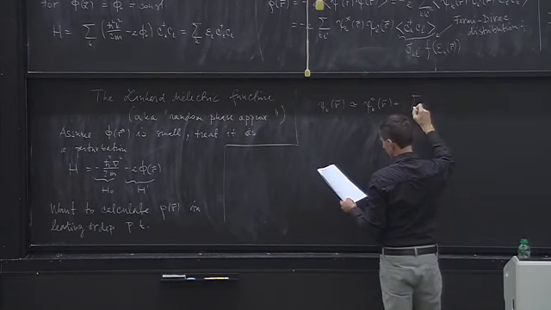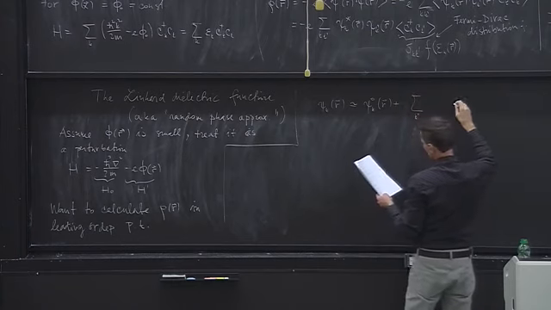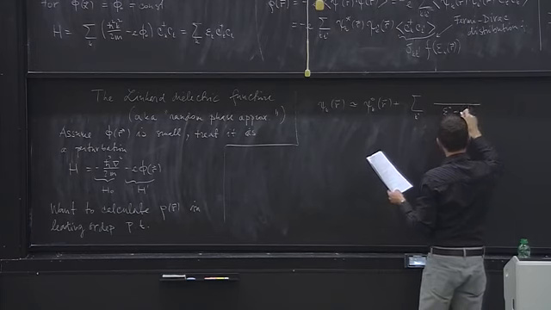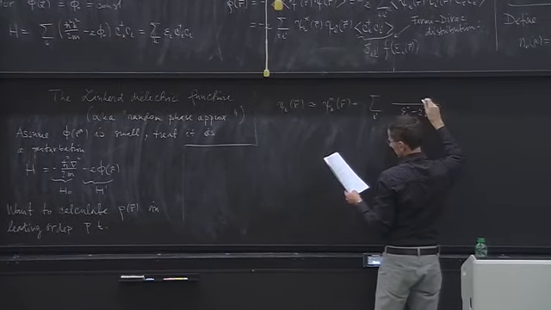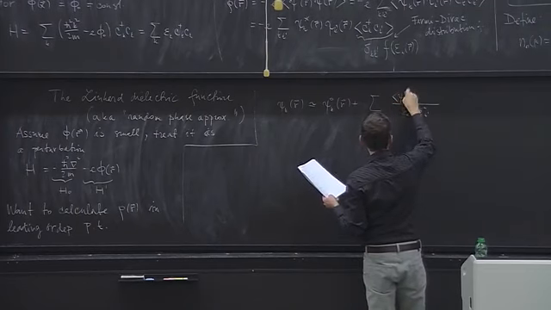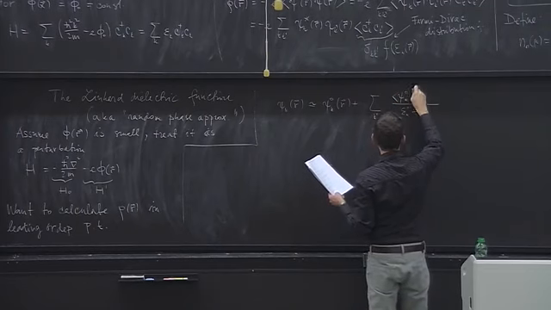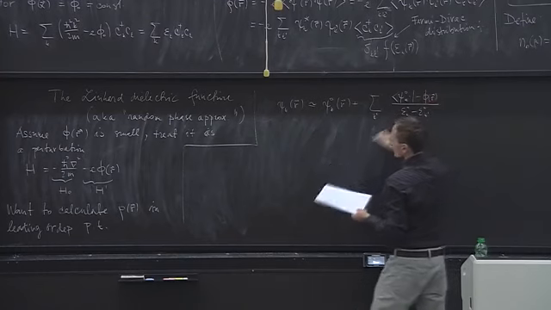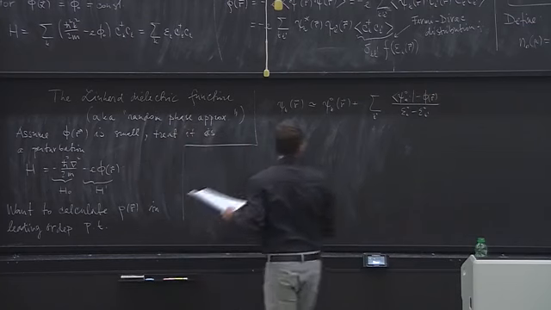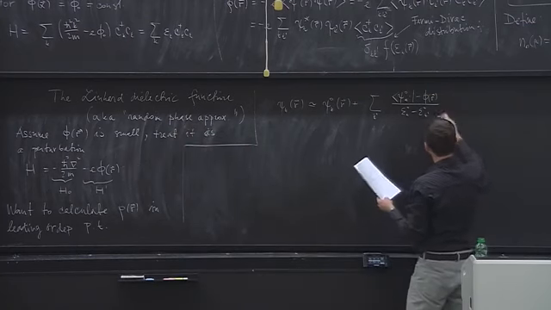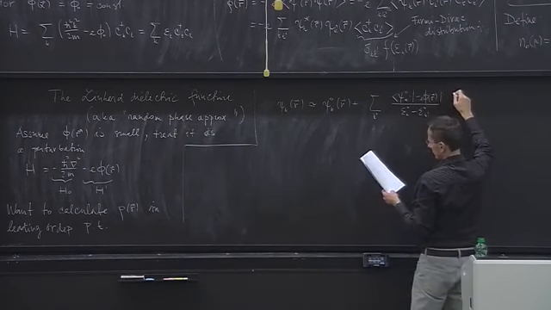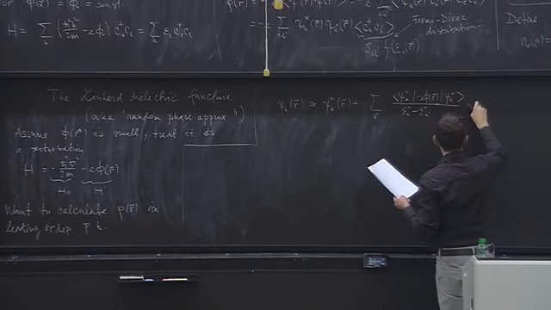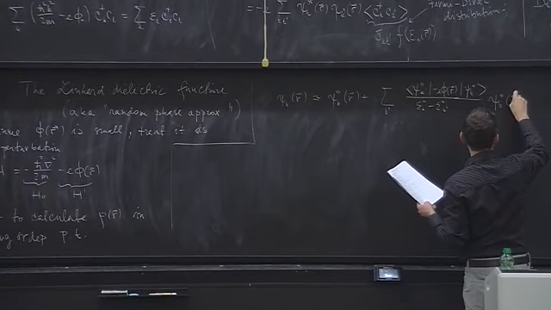And the first order perturbation for the wave function looks like this. I have an energy denominator, and I have to calculate the matrix element of my perturbation. And my perturbation H prime is just this, and I'm missing my e here. And this is psi k 0 and psi k 0 of R.